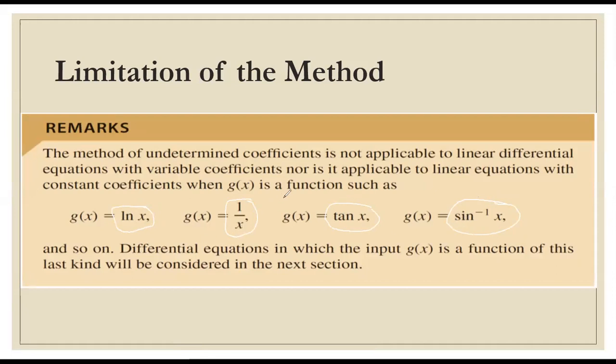Because there is no annihilator for 1 over x, for tan, or for ln. No differential operator will make the ln 0. So you can't use this method if your right-hand side is one of those complicated functions.